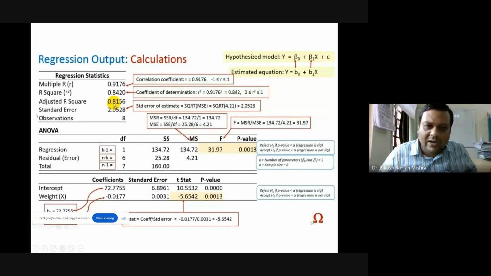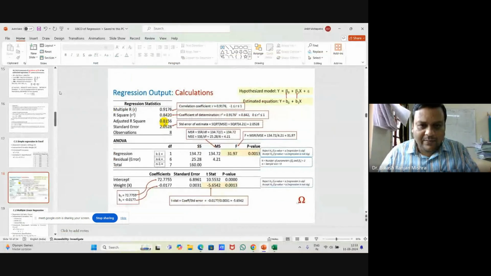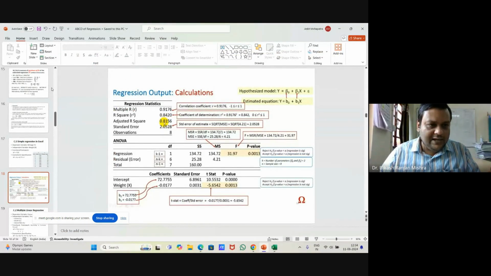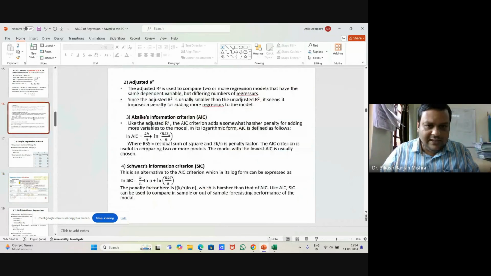In the simple regression model, there will be hardly any difference, because adjusted R square depends on the degrees of freedom, which is based on the parameters, and the parameters will be 1, 2, 3, 4, etc. So it will vary in the sense that if you have multiple regression and the sample size is not that large, then adjusted R square and the actual R square value will be different. Otherwise, they will be the same. I have not gone into the details of it.